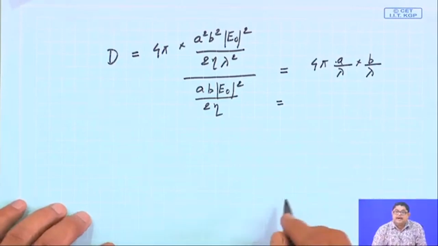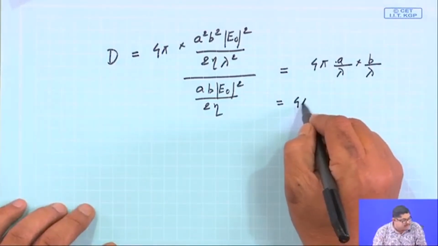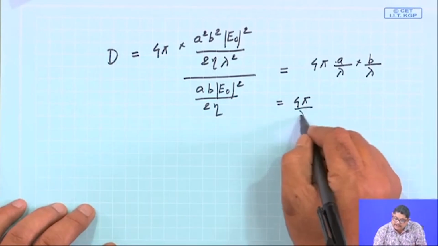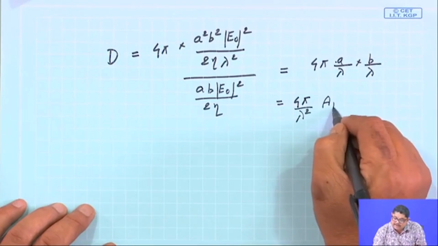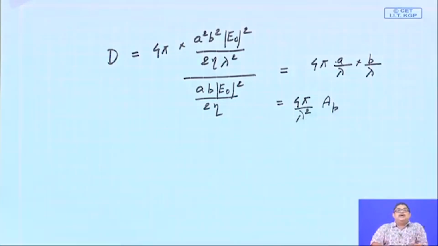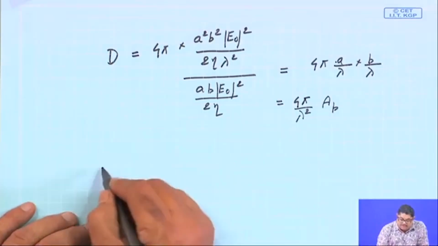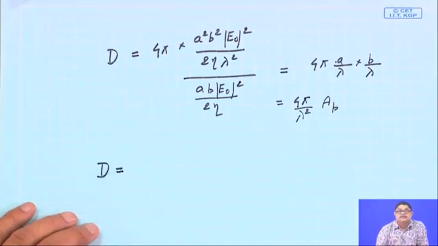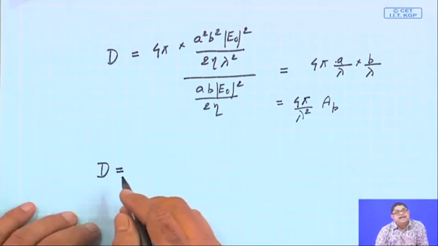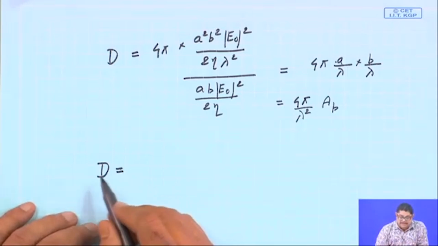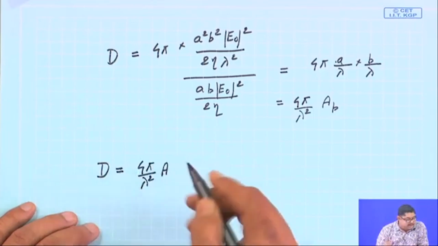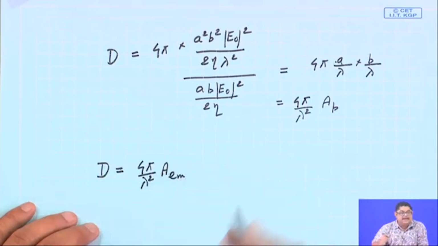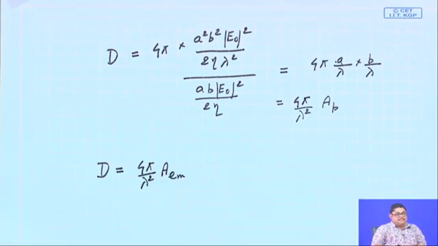Now, I can say two things. One is I can write it as 4 pi by lambda square into A B, where A B is the physical area of the aperture. Also, I know that we have proved that for any antenna, D can be written as 4 pi by lambda square into the maximum effective area.